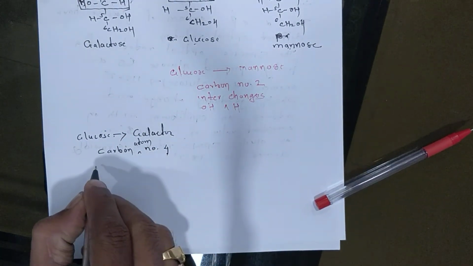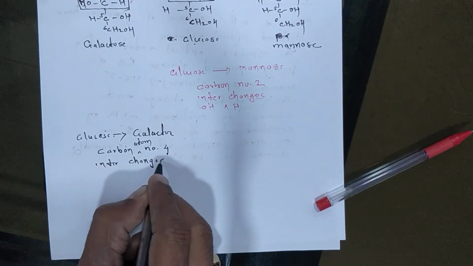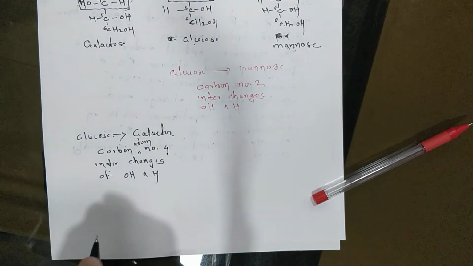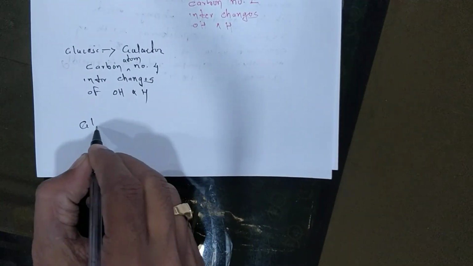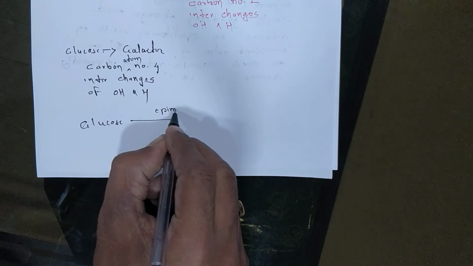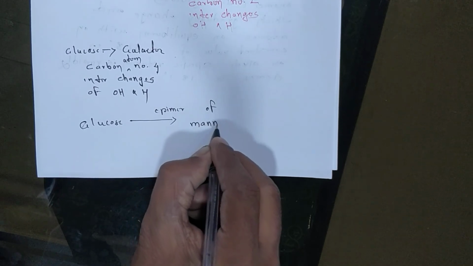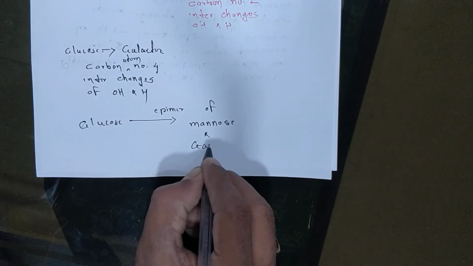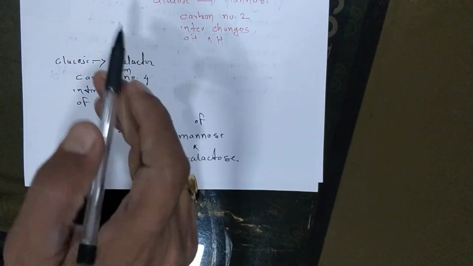Which change? The interchange of OH and H, and hence glucose is the epimer of mannose and galactose. Do you understand? Okay.